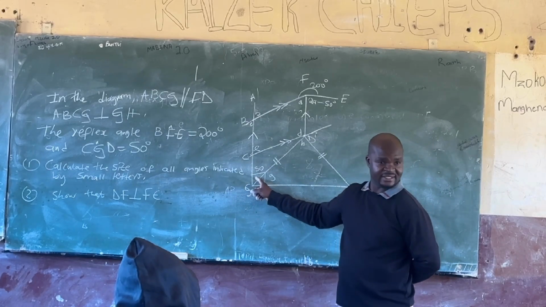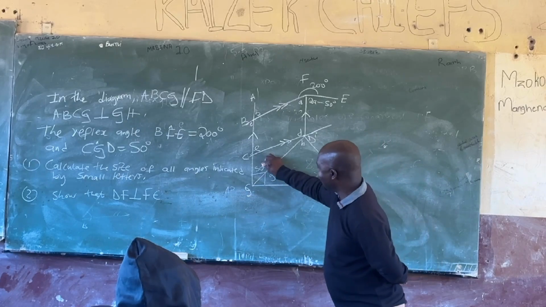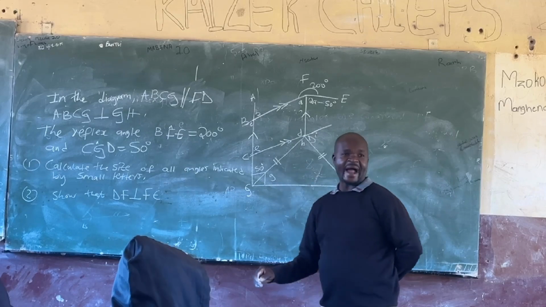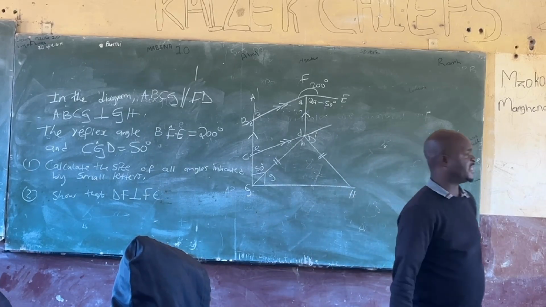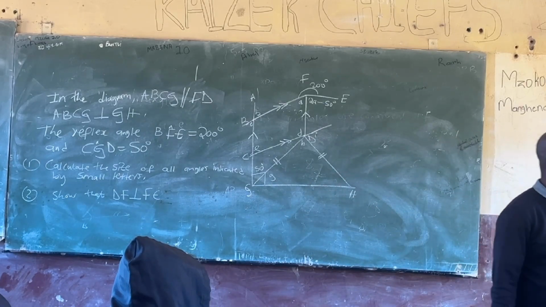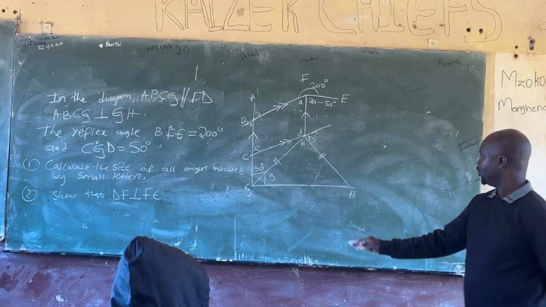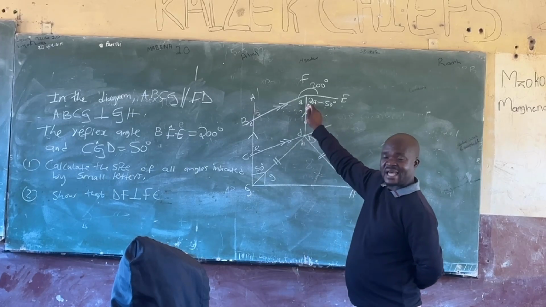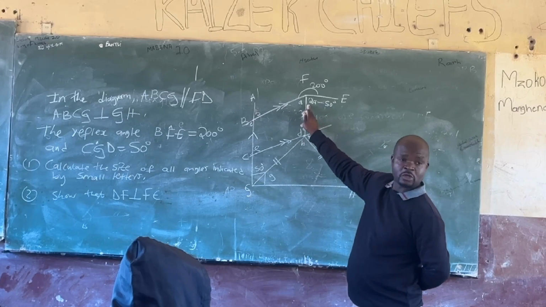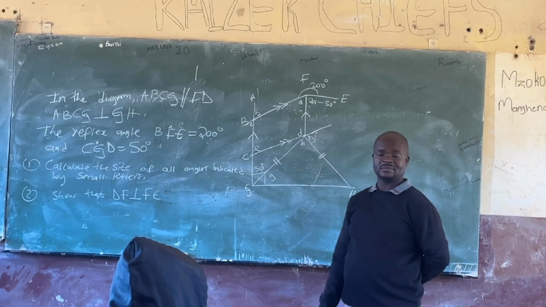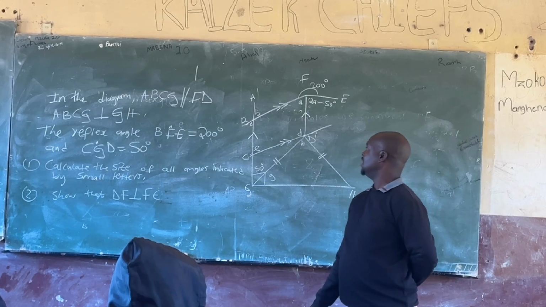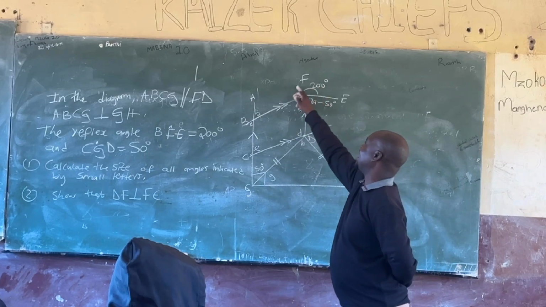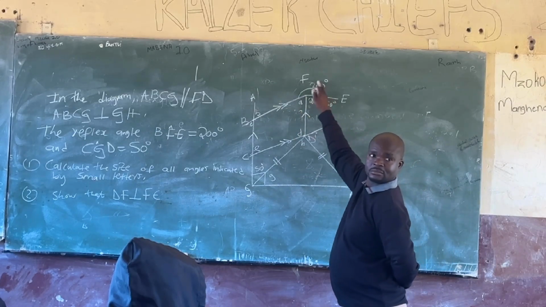Here it's 90 degrees. It means that for us to solve these small letters, it will be very simple to start from here, solving for A. We have angles around a point.